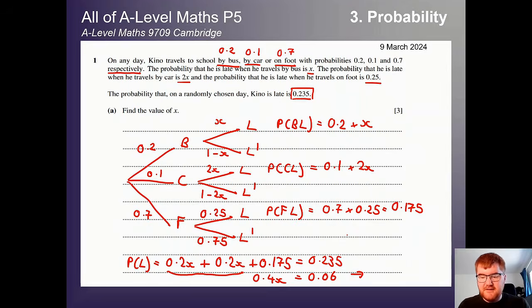So we do 0.06 divided by 0.4. So let me just write that clearly. 0.06 divided by 0.4. And that gives us the final answer of 0.15. Quite a nice 3-mark question here. Again, a lot of the marks really do count quite a lot. It's quite a small paper, so you want to be getting these easy marks in the bag.